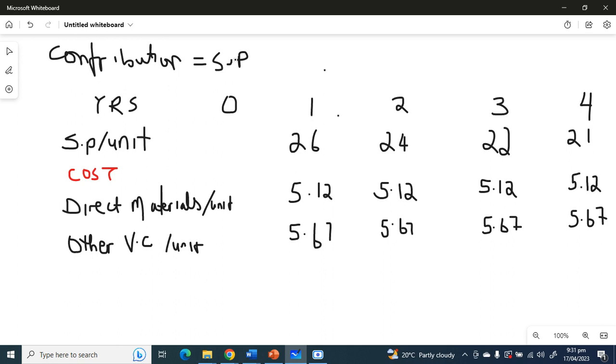Okay? So contribution is just the money that is meant to cover the fixed costs. Are we okay with that, colleagues? And it helps the business know how many units they need to produce to be profitable.